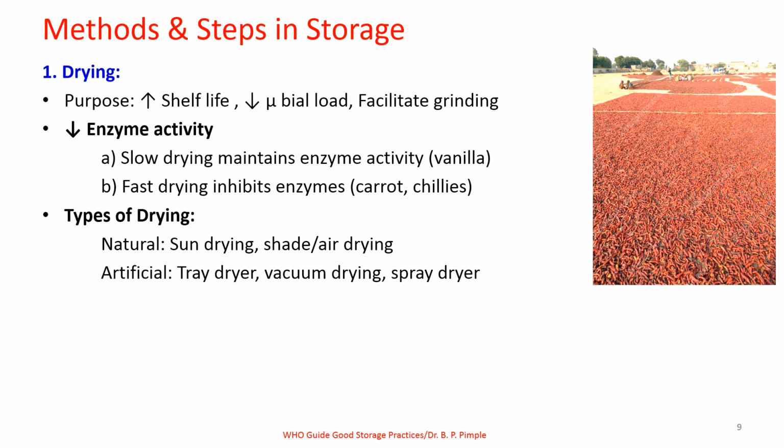Artificial drying nowadays is carried out in order to increase the speed of drying. Herein, tray dryers or vacuum dryers are used. Spray dryers are used only in case of extracts and not crude drugs.